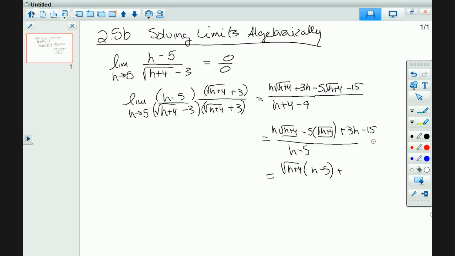Now I'm going to take a 3 out of here. So now I have 2 of them, right? Is there an h minus 5 in each term? Then I can factor it out. I'm going to pull the h minus 5 out of each of those terms. I can, because this is the whole term.